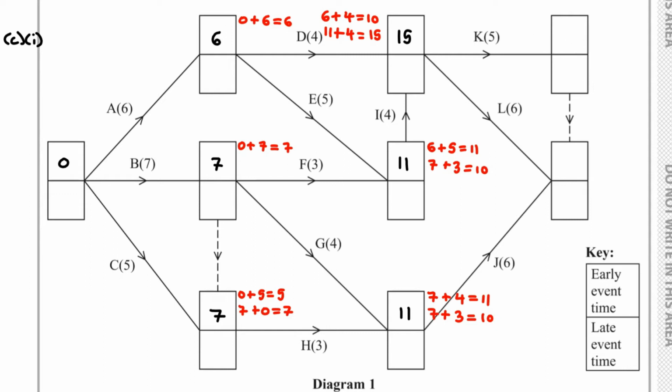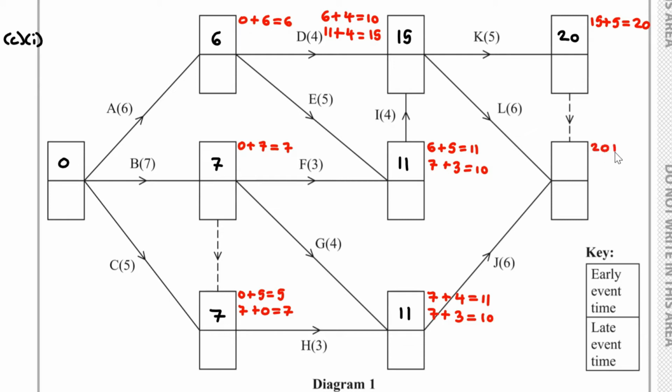Here we have 15 plus 5, which is 20. So 20 goes inside here. And if we consider what goes inside here, we have the option of 20 plus the weight of the dummy here, which is 0.